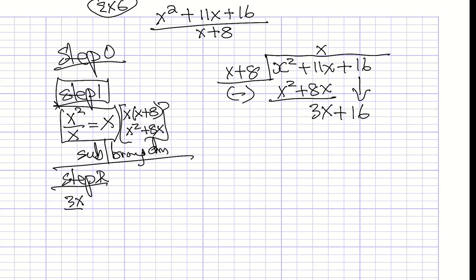3x over x is equal to 3. You see that, right? Plus 3. Okay. And then we say 3 times x plus 8. You see where everything is coming from. X plus 8 is the divisor. I call it the divider.